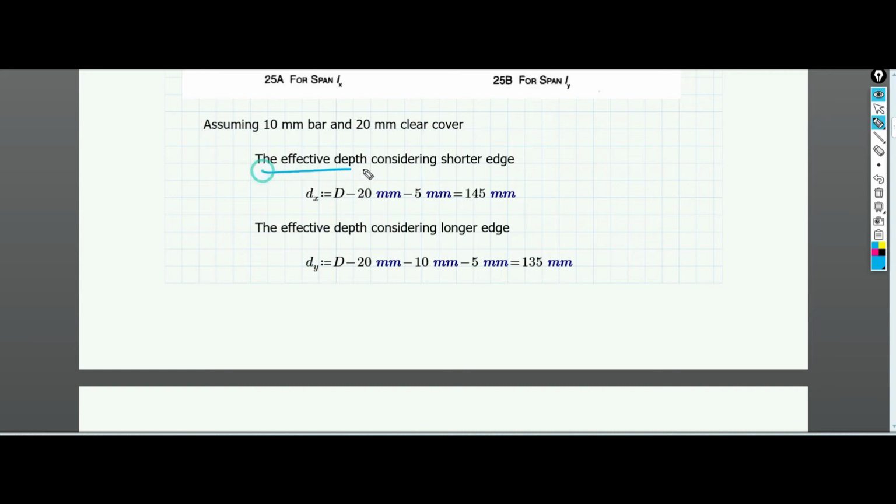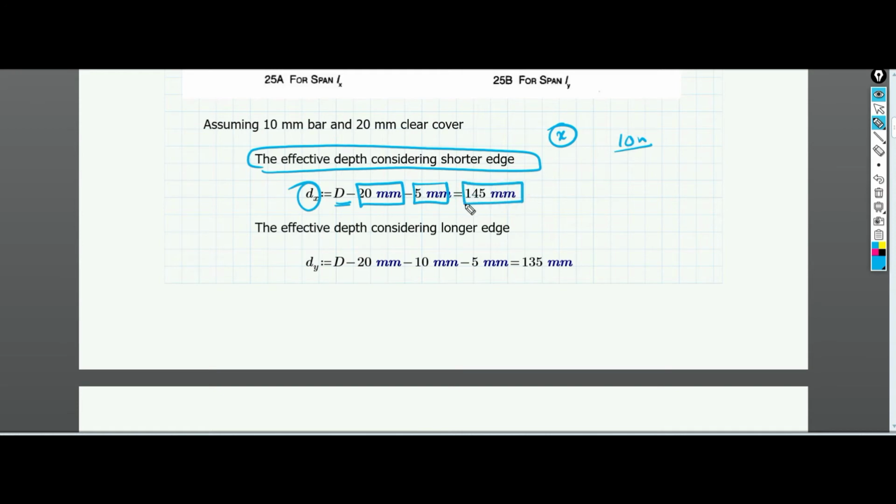Now the effective depth considering the shorter edge, dx, as x is the shorter edge, right? So d is the overall depth minus clear cover, minus, as we are assuming a 10 mm bar, half of 10 mm, that is 5 mm, so it becomes 145 mm. And if I consider the effective depth along the larger edge, we have already considered one bar for the shorter edge, so dy will be calculated from here.